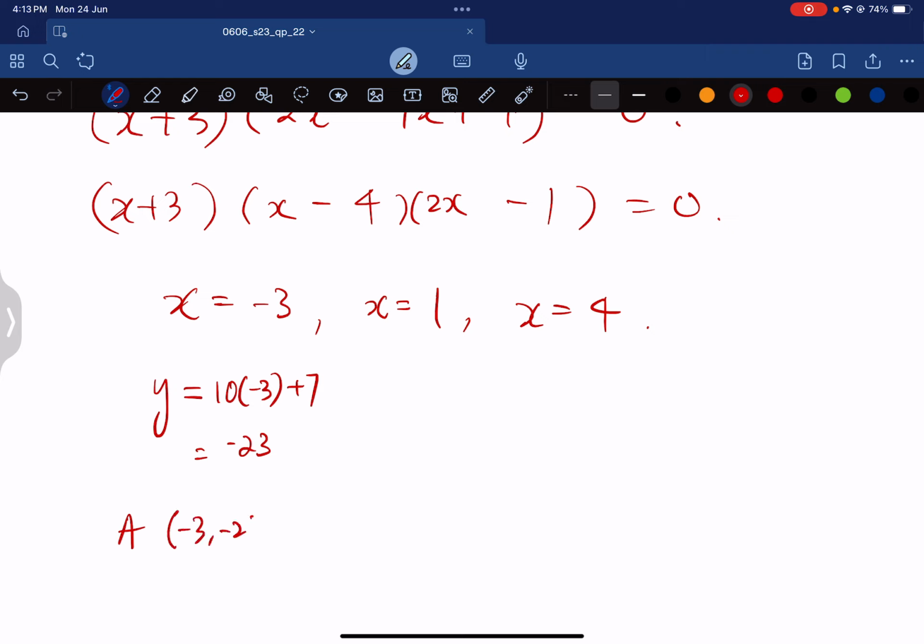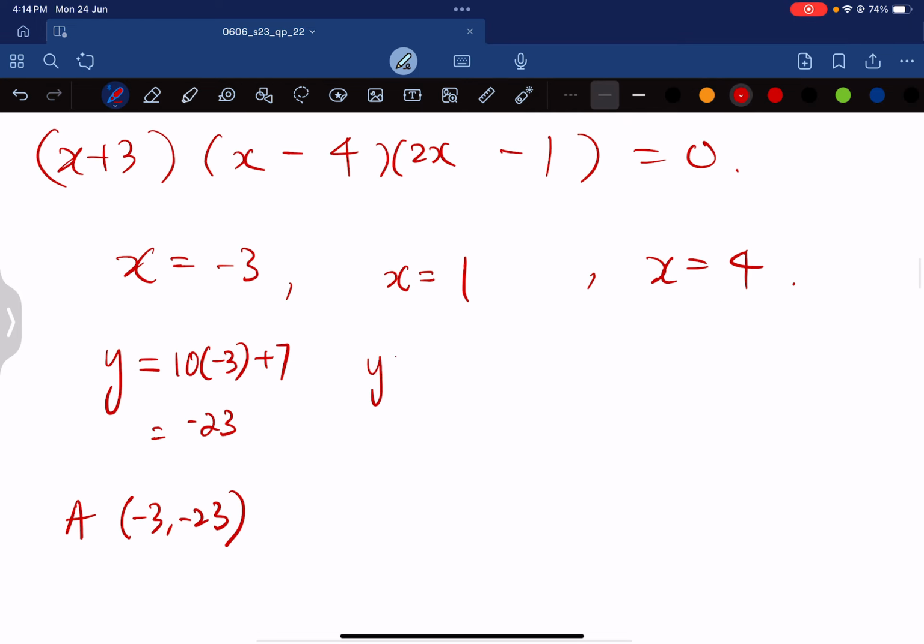Negative 3, negative 23. Just the x coordinate is not enough, because if you want to prove that a point is the midpoint of two other points, you need to prove that its x is in the middle of the x coordinates of the other two points, and also y. The y coordinate of the midpoint is also in the middle of the y coordinates of the other two points.